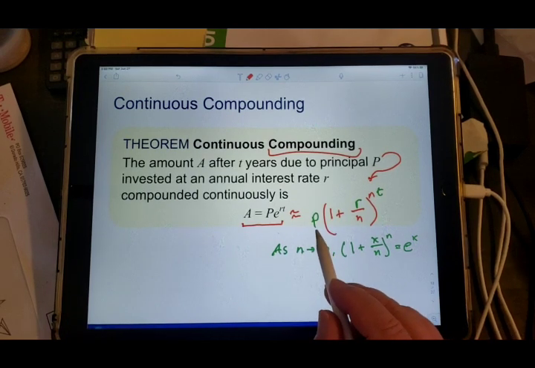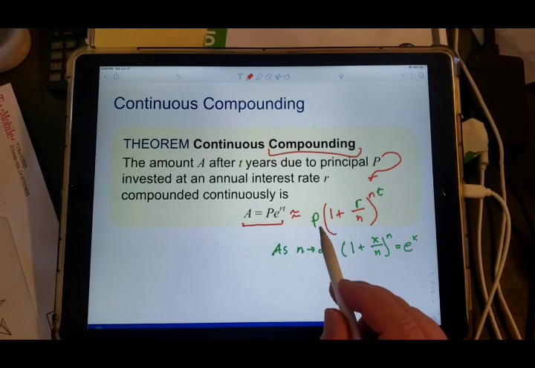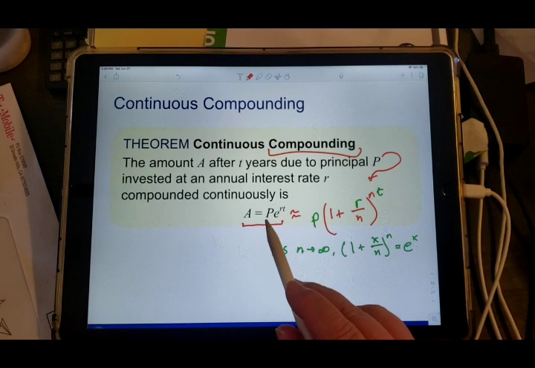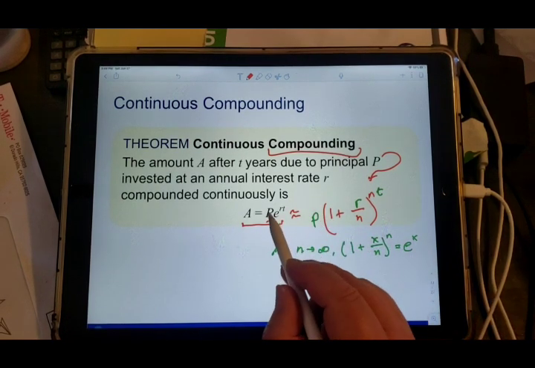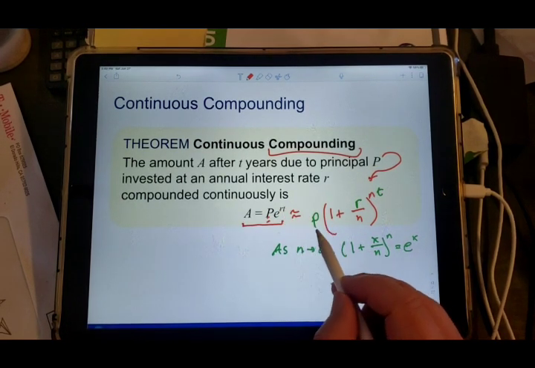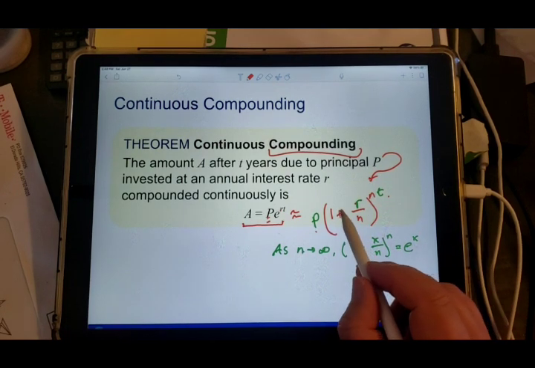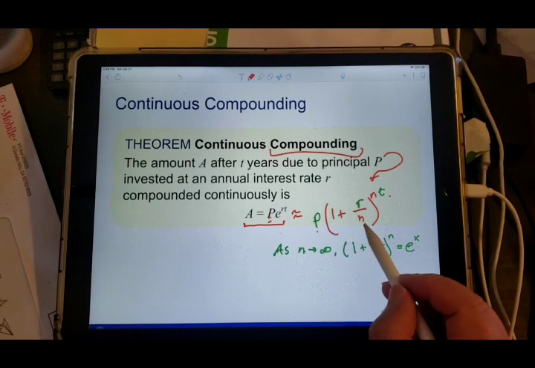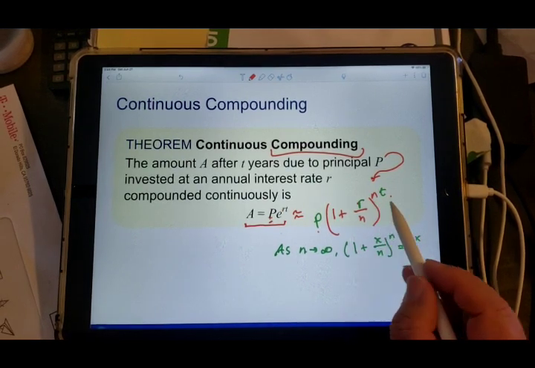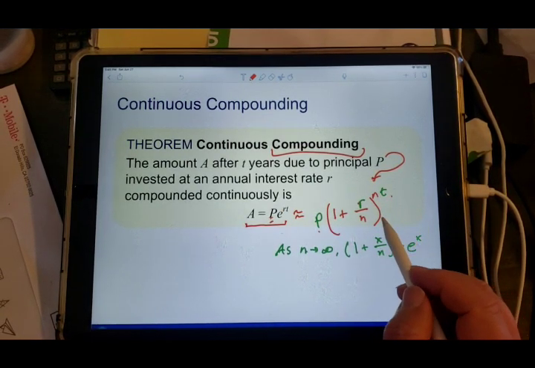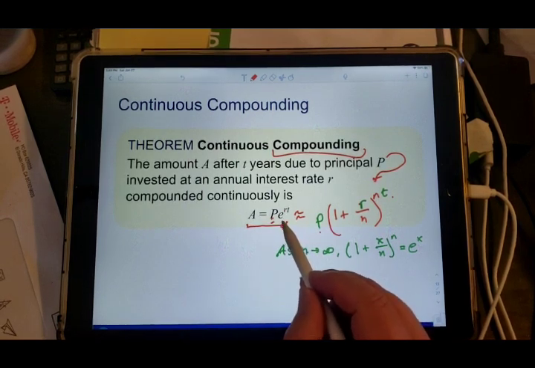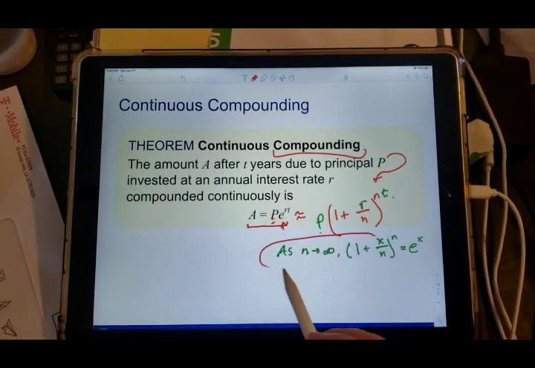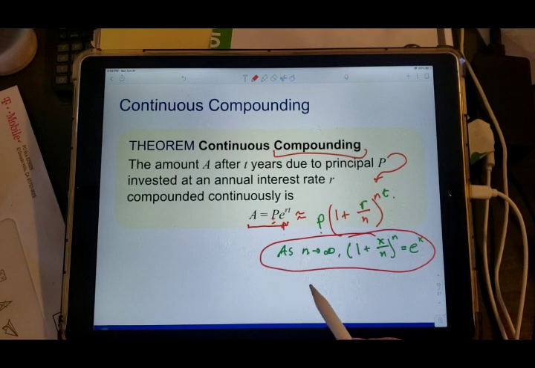And the reason why I put some of it in red and some of it in green is, notice that this has a P, an R, and a T. It has a P, an R, and a T. But this structure, this parentheses and this 1 and this n in the denominator, gets replaced essentially with e.